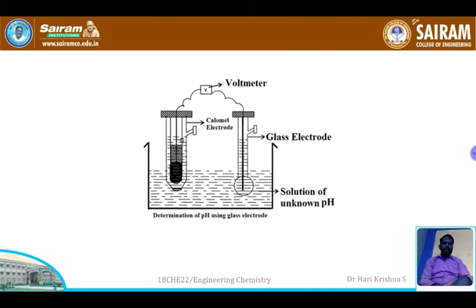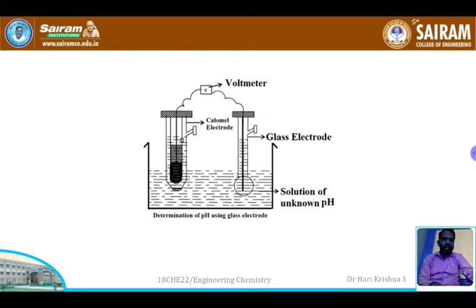From that meter reading, the potential will be recorded. By measuring it, we convert it into electrode potential, and the E cell potential is recorded. By knowing the cell potential, we can calculate the pH. So let us see how to calculate the pH.